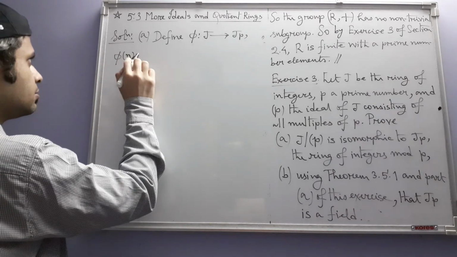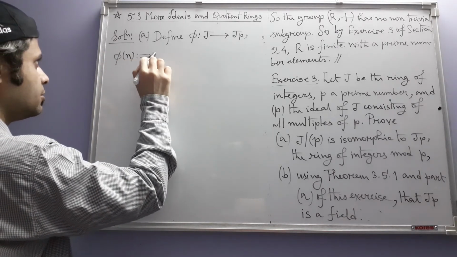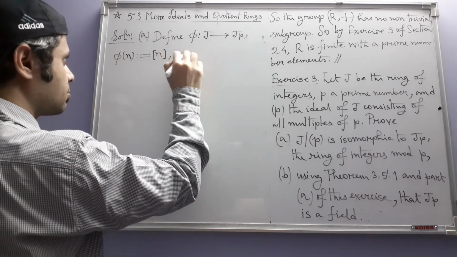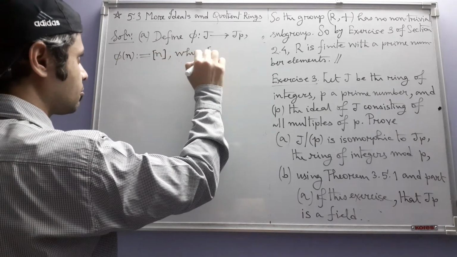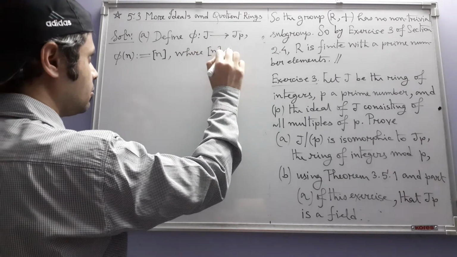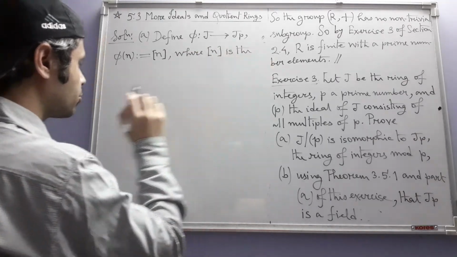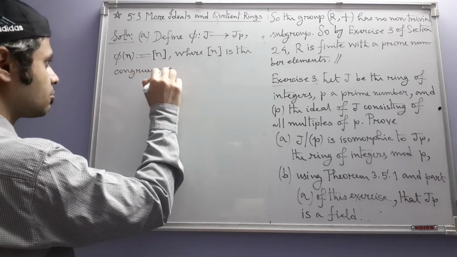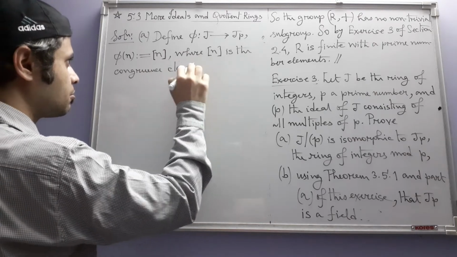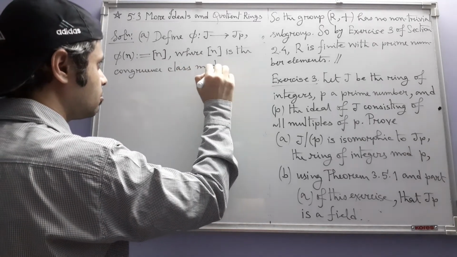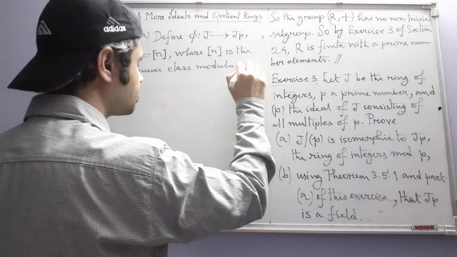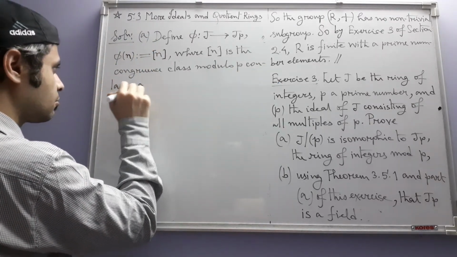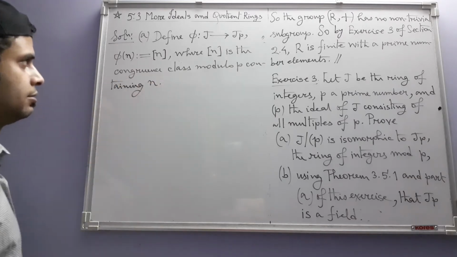Phi of n is defined to be equal to this, where this is the congruence class modulo P containing n.